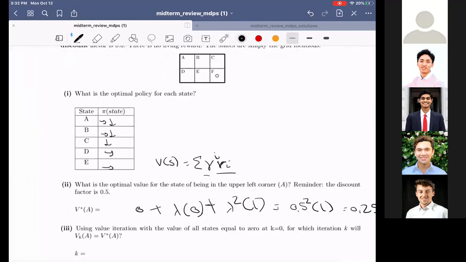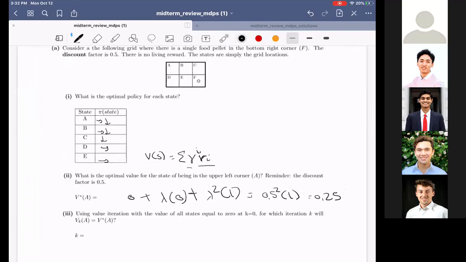Can someone tell me which state's values would converge after one iteration? Yeah, Sierra says E and C.